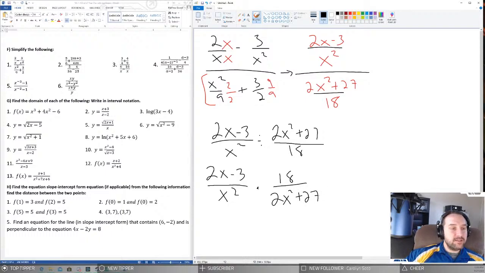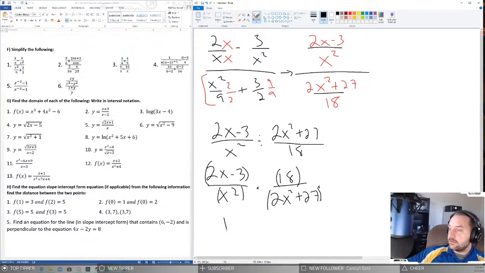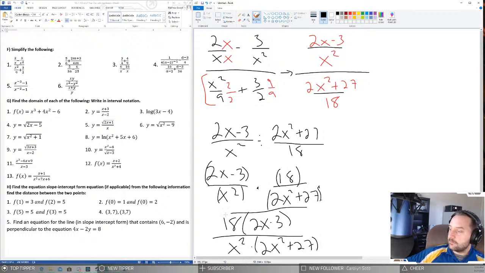Now we do have to check to see if things reduce. 2x minus 3, nothing factors. This is already an x squared. That's 18. There's nothing in common between 2x squared and 27. Nothing factors there, so nothing reduces. So I can just leave it as 18 times 2x minus 3 over x squared times 2x squared plus 27.